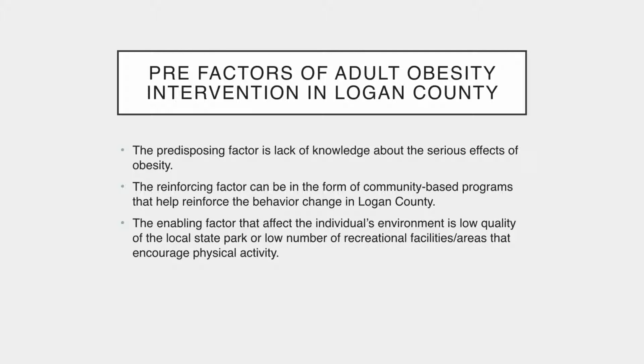The enabling factor that affects the individual's environment is the low quality of the local state park or low number of recreational facilities and areas that encourage physical activity. It is very important to have a space or area that individuals in Logan County can use in order to work on their physical health. This, if addressed properly, can also lead to lowering the adult obesity rates in Logan County.